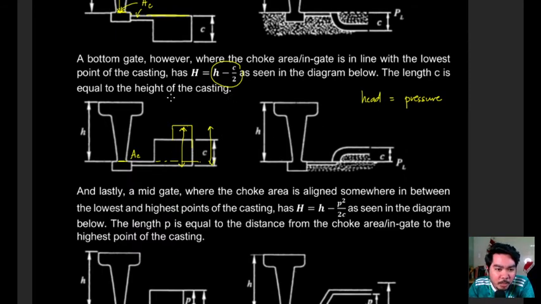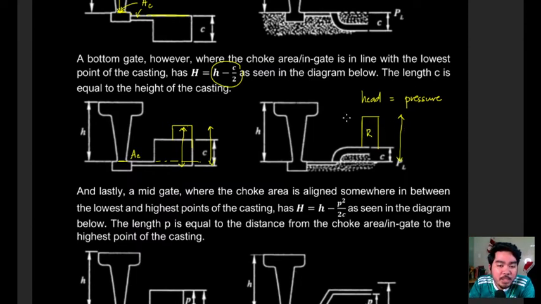If you have a top riser, we definitely need to fill out the riser too, right? So if you have a riser here, then we need to consider that our C becomes the casting plus the riser height.